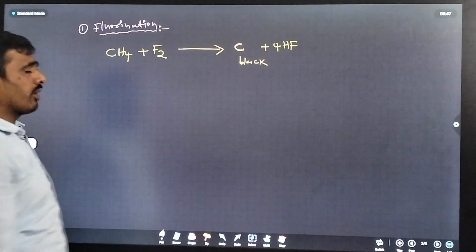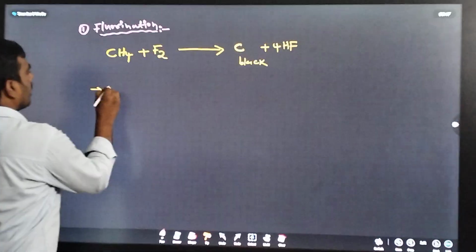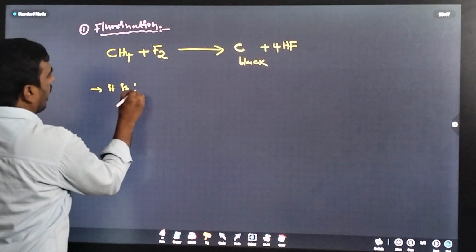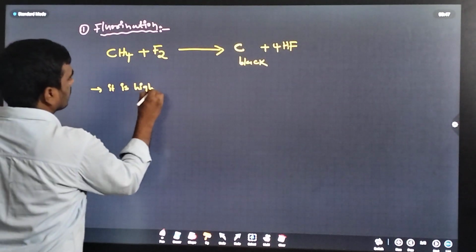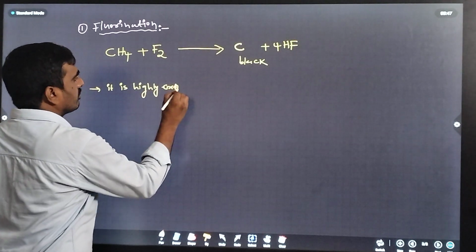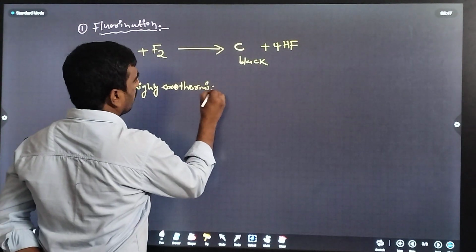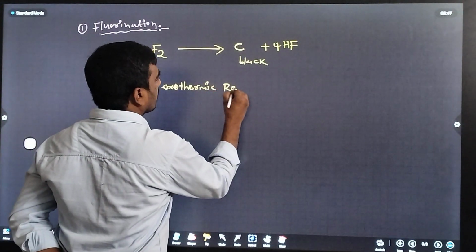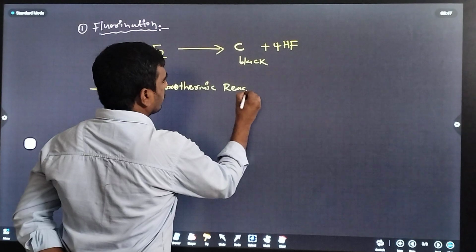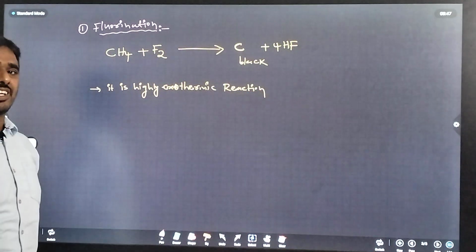It is a highly exothermic reaction because a large amount of energy is released.